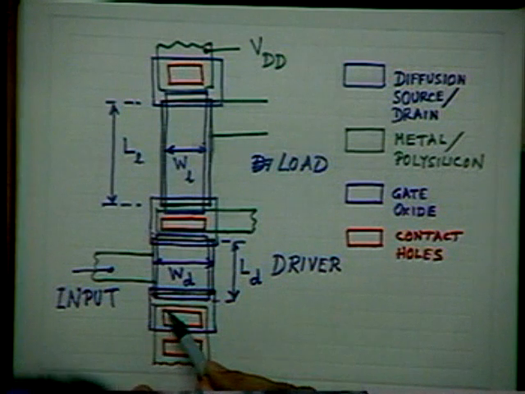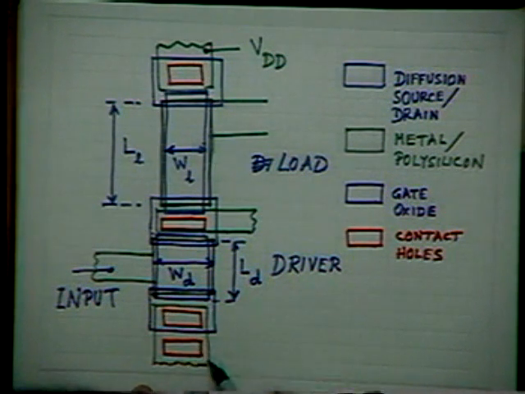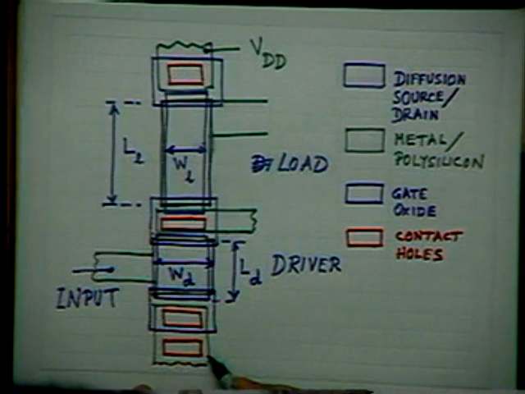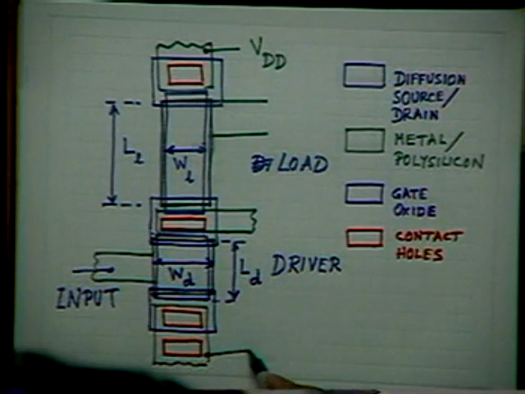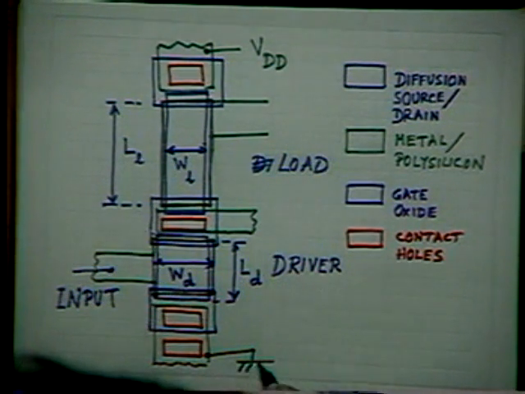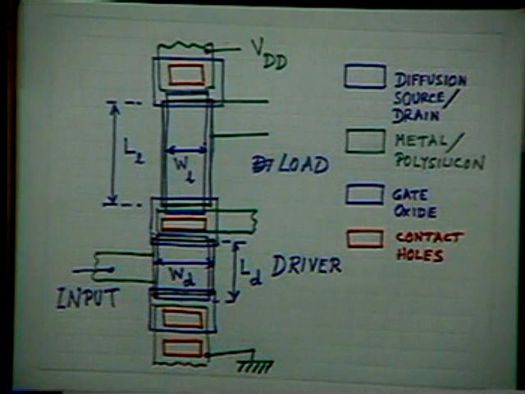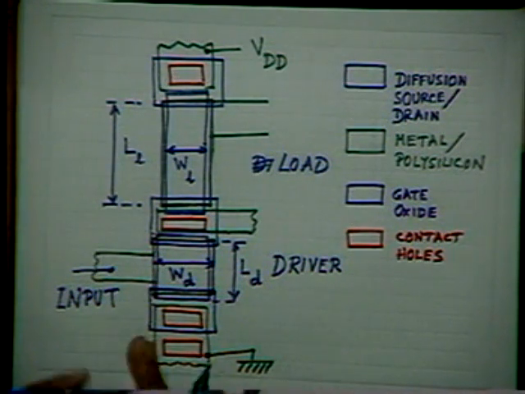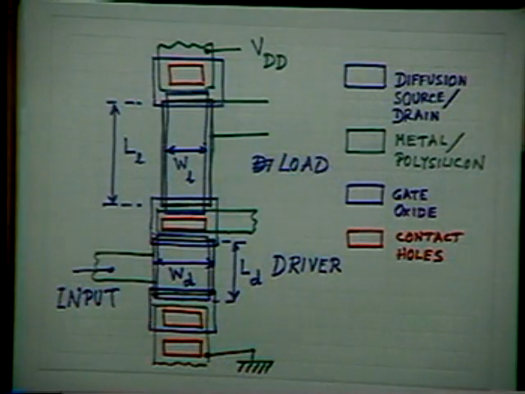Then I have a metal like this, overlapping both, and this is nothing but the ground of my IC. In the MOS IC, this forms a common ground line and a common power bus. So this shows just one building block of the whole chip.